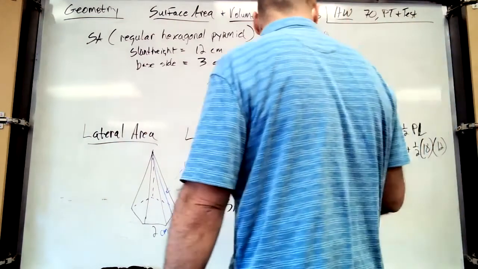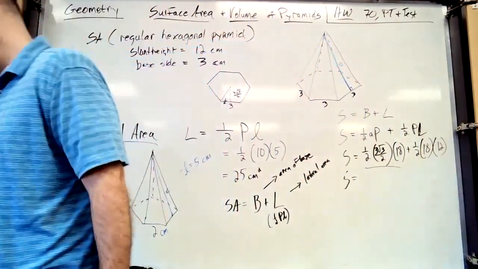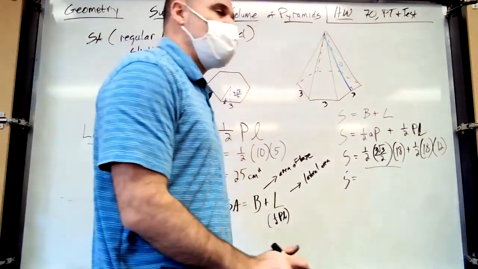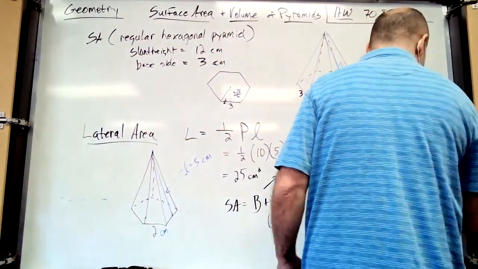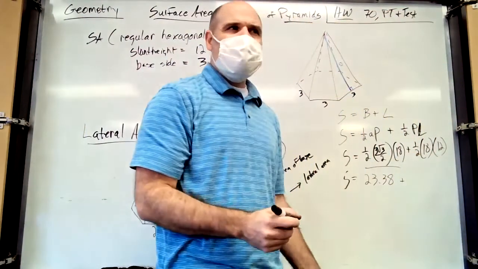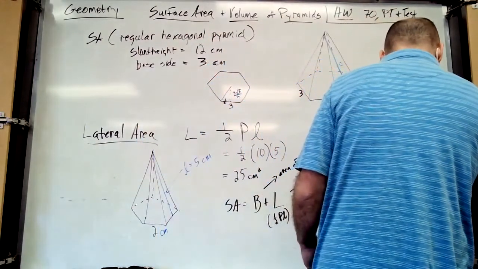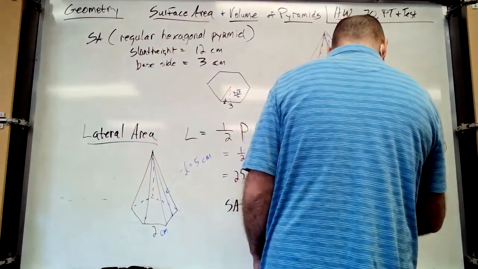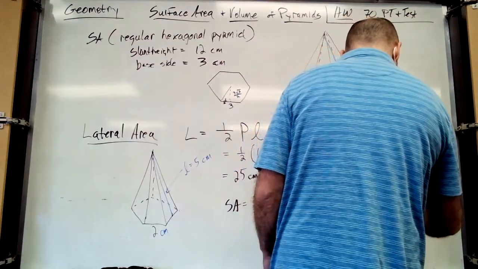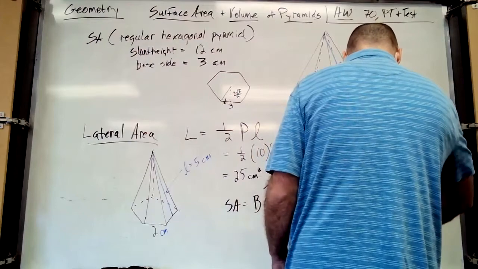That's 9 times, so 27 radical 3 over 2 is about 23.38. But this guy is just 9 times 12, which is 108. Add them up, it's 131.38-ish.